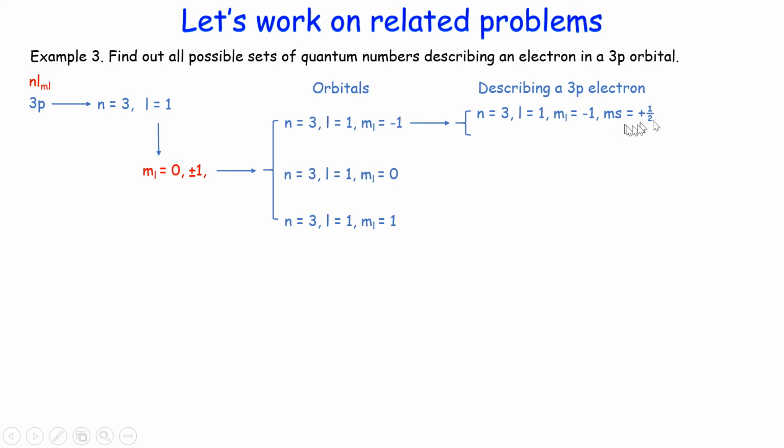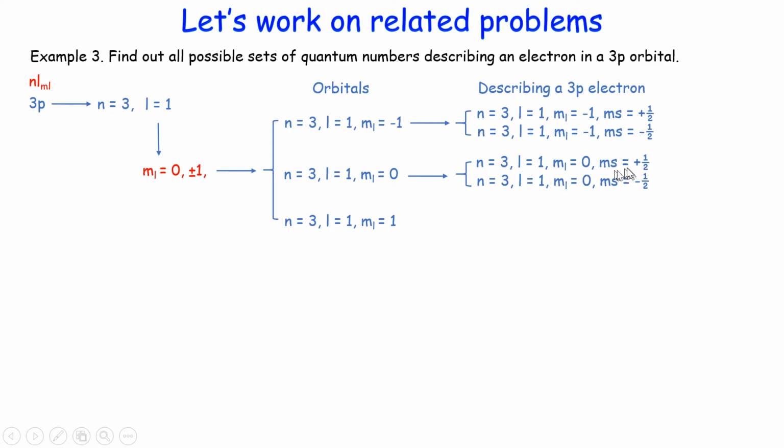It's only the last quantum number that differs. You see, the first 3 are all the same. But for the first electron, ms is +1/2. For the second one, ms is -1/2. And the same is true for ml equals 0. Okay, so they only differ by the very last quantum number, ms.